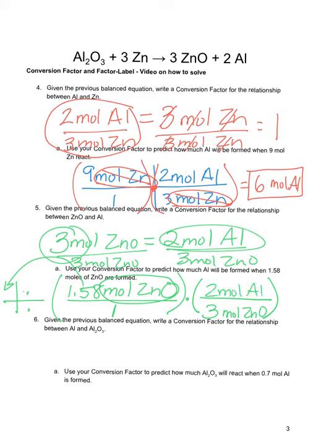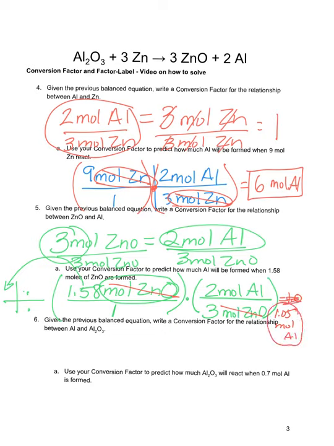Now I get to have my fun canceling things out. Moles of ZnO cancels with moles of ZnO, and I'm left with moles of aluminum for my answer. So I have 1.58 times 2 divided by 3, and I get 1.05 moles of aluminum, and that will be my answer there.